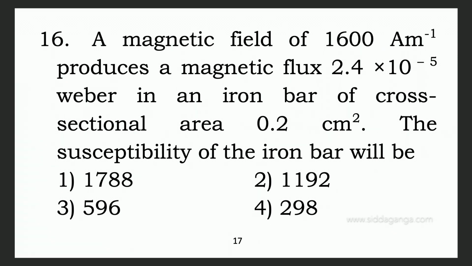So question number 16, you are given H value 1600 ampere per meter and magnetic flux, flux equal to 2.4 into 10 power minus 5 Weber, and the iron bar of cross-sectional area 0.2 into 10 power minus 4 meter square. It was given in centimeter square, I converted to meter square here.